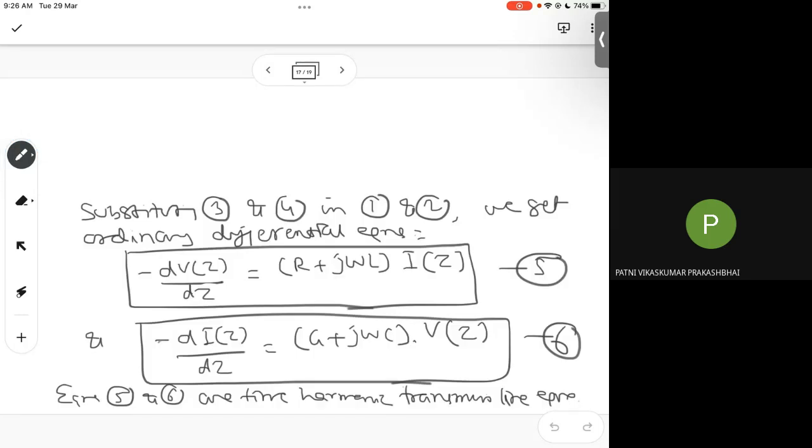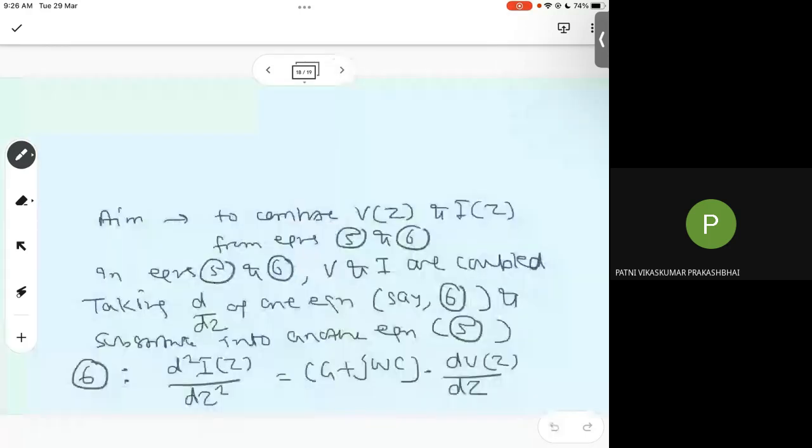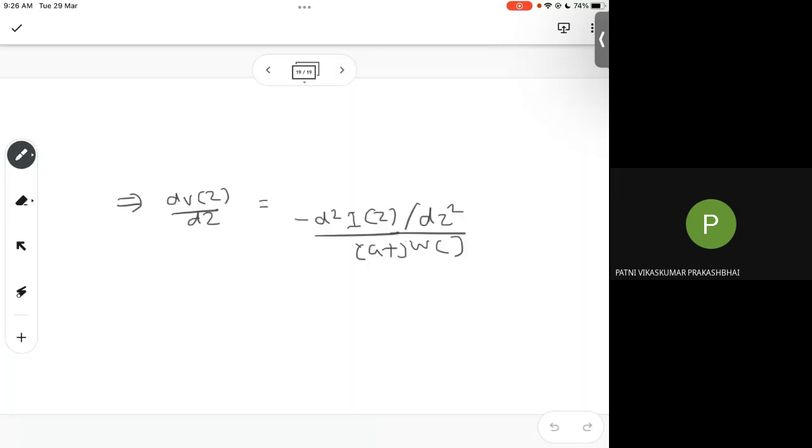Now, if you notice, in this equation also I got a minus sign here.